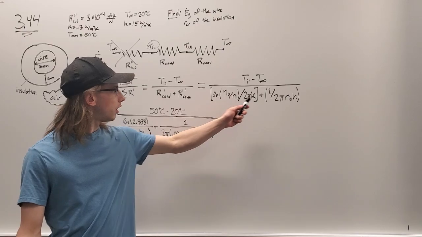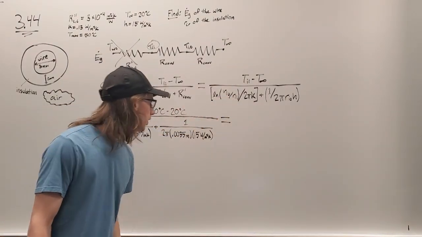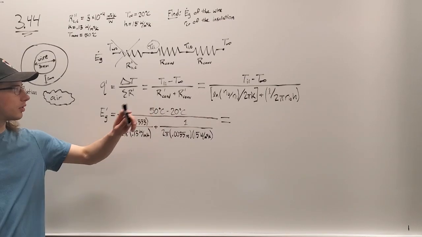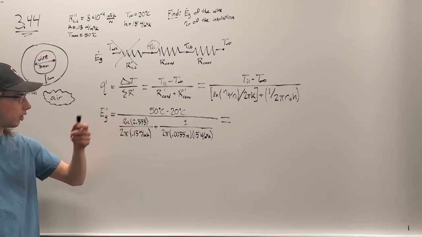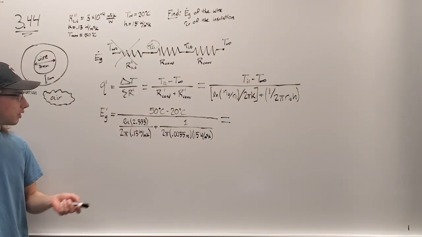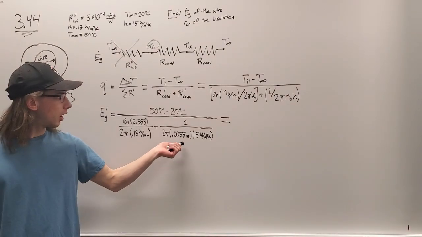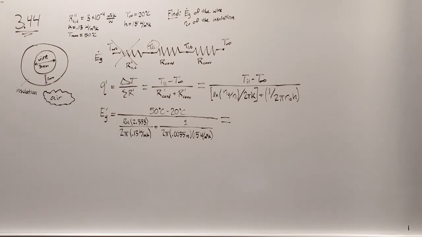But these are those 2 equations expanded, and then down here I just went ahead and plugged in the temperatures, of course the T max, and then the ratio of those radiuses, the thermal conductivity, outside radius, and convection coefficient.